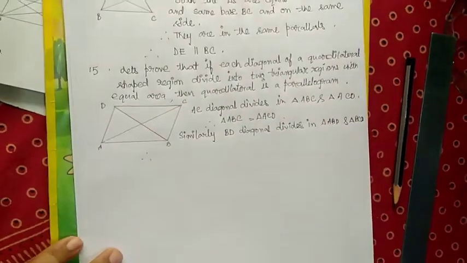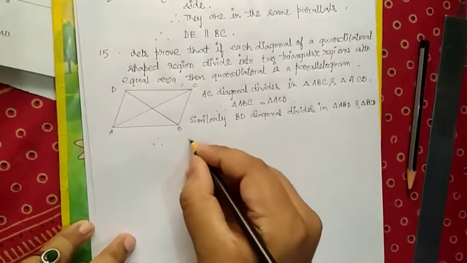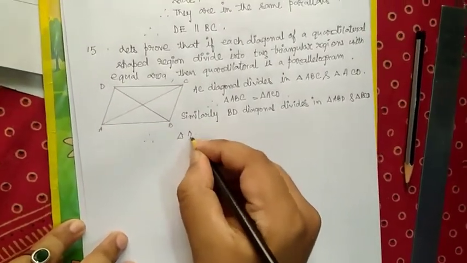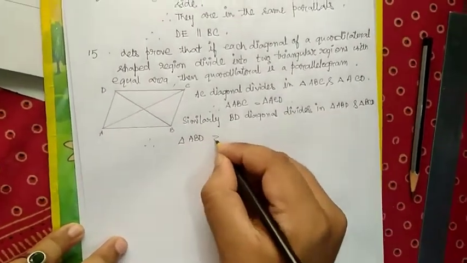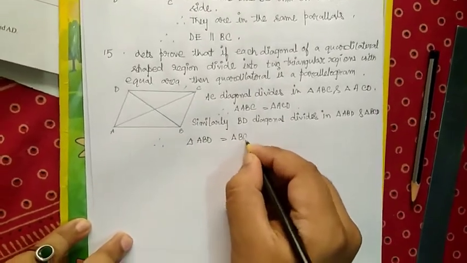Therefore, we can say that triangle ABD equals triangle BCD.